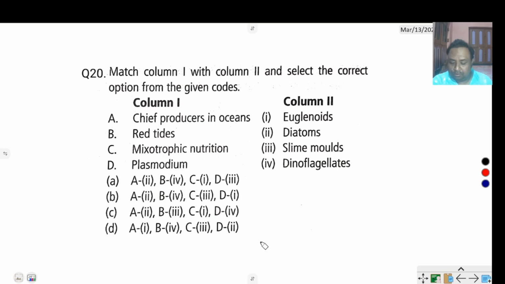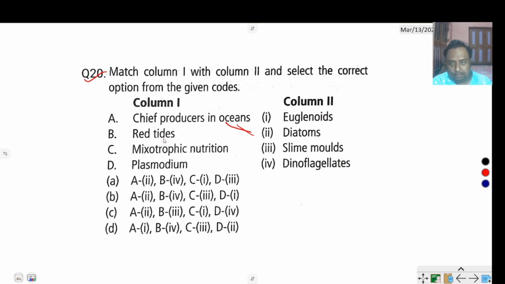Next question, question number 20. Match column 1 with column 2 and select the correct option. Chief producer in ocean: the chief producer in the ocean is diatoms.